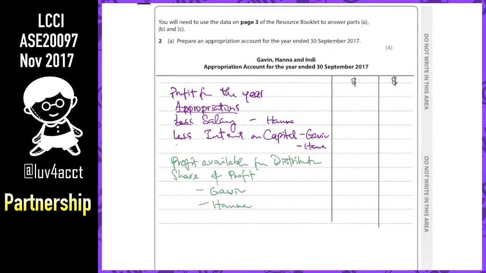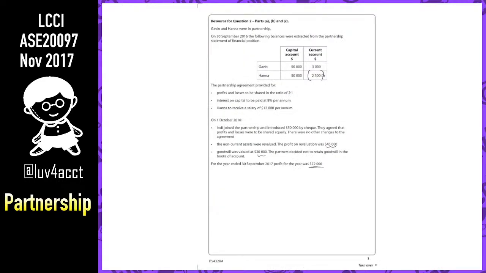Okay, so the profit 72,000, and then 8%, 50,000 multiplied by 8%, we have 4,000 of interest on capital. And then 2:1.